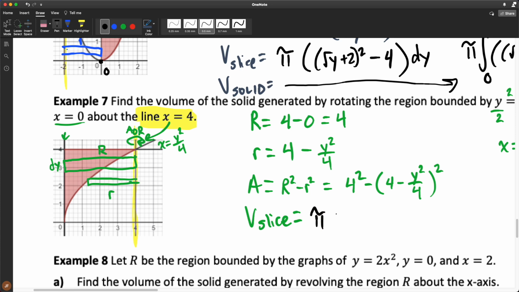Times what we just found, our area. 4 squared is 16. All right, remember that binomial squared, you can't just distribute that square to each of those terms. That's going to be a trinomial. So play it safe, just leave it like that, put it in your calculator like that. All right, we've got dy strips.